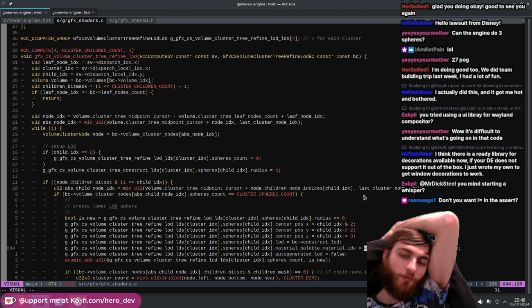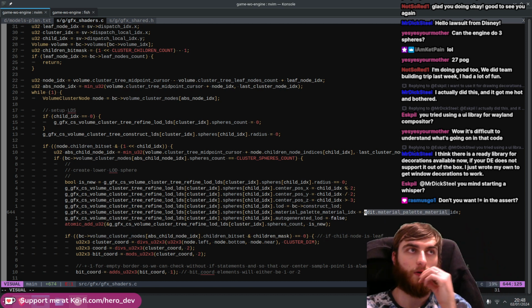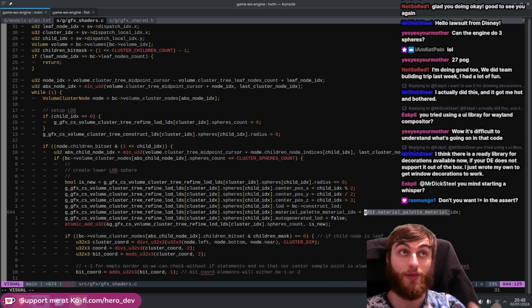We need to somehow give it a material index. So every sphere has a material index. I was hoping to pick, so given the child node, you have one thread on the child node right now, but that child node has another set of 8 spheres in there, which kind of sucks.